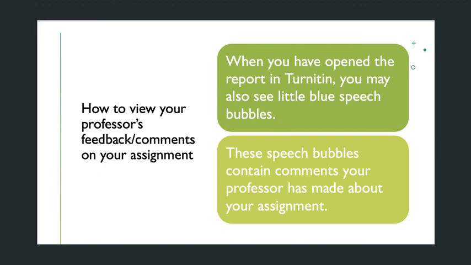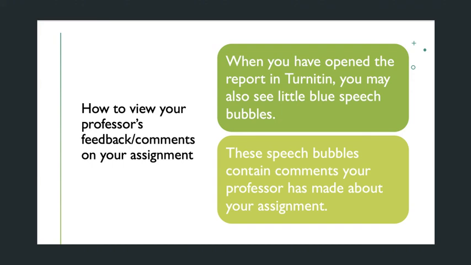Also, some professors will use Turnitin and make comments right on the paper, as it's easier than going back and forth between the assignment you've submitted in Dropbox and the assignment in Turnitin. When you open up your paper and you've opened up the report and you see your paper, you may see little blue speech bubbles.